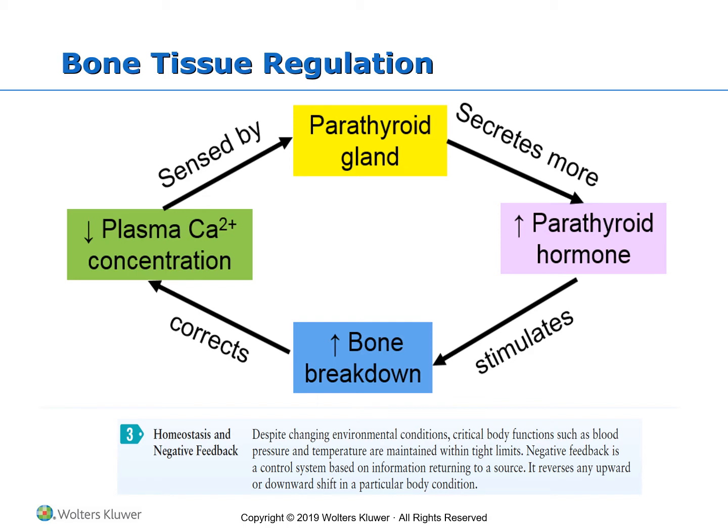As a result of that, the parathyroid gland will increase the secretion of the parathyroid hormone. The level of parathyroid hormone in the blood will increase and will stimulate at the level of the bone the activity of osteoclasts. Osteoclasts will remove more bone tissue, releasing calcium into the blood flow, and as a result of that there will be a correction of the plasma calcium concentration in the blood.